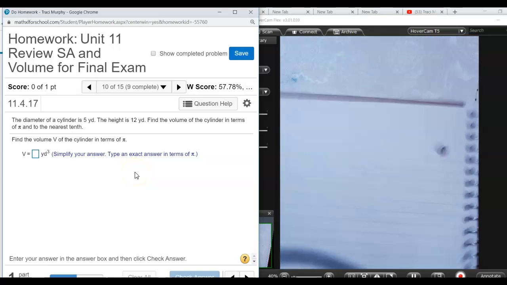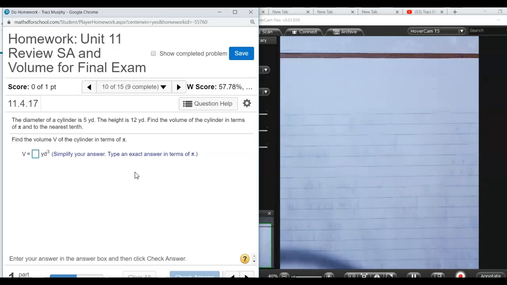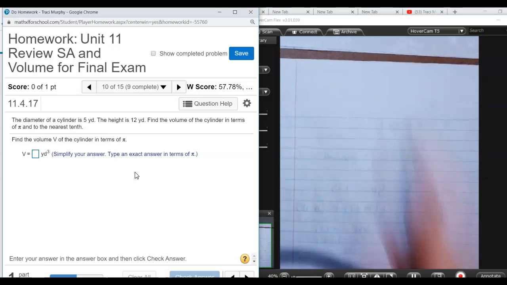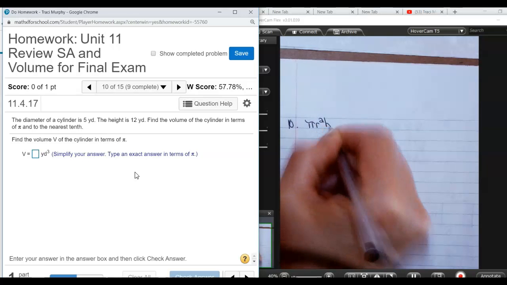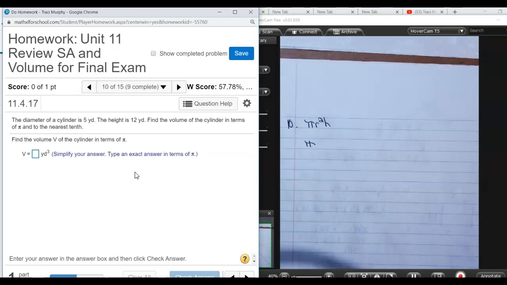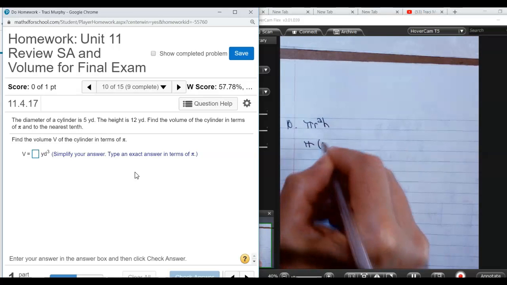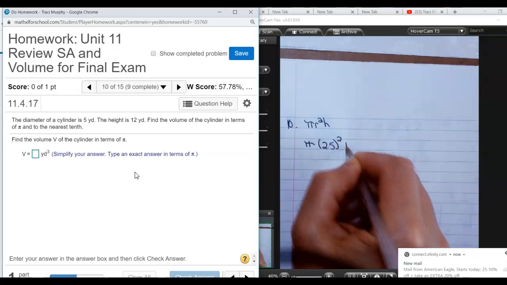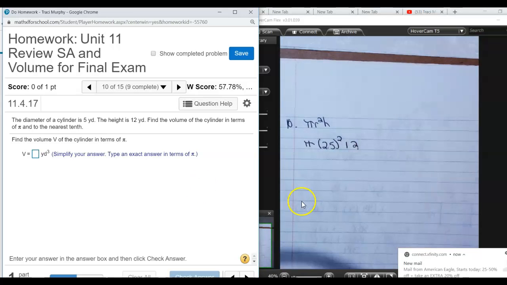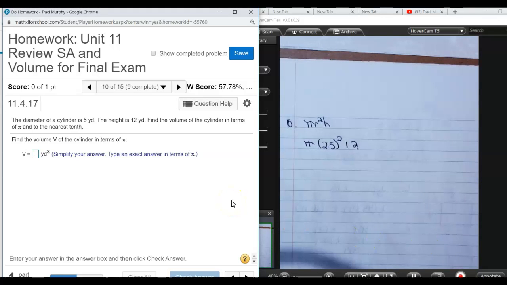Next one, we're looking for the volume of a cylinder. Volume of a cylinder is pi r squared times h. In this particular case, they gave us the diameter is 5, so your radius would be 2.5 squared, and they gave us a height of 12. And it says type your answer in terms of pi.